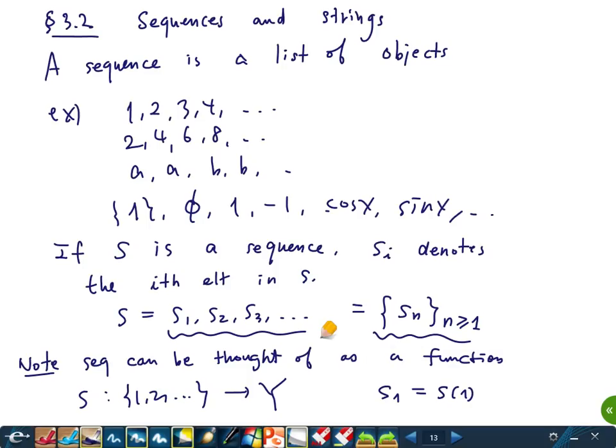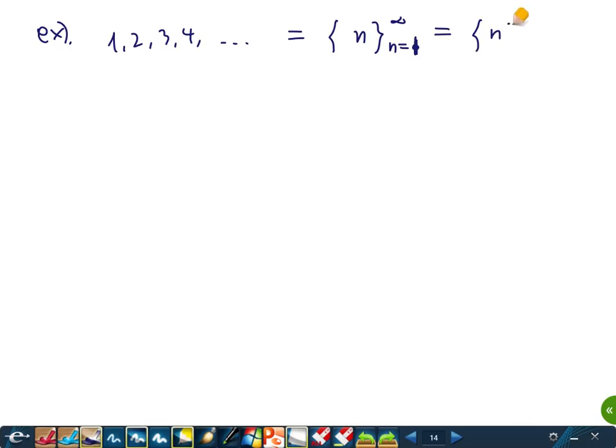Sometimes we consider finite sequences, and sometimes infinite sequences. For example, 1, 2, 3 is a very simple sequence. We can write this as n from 1 to infinity.